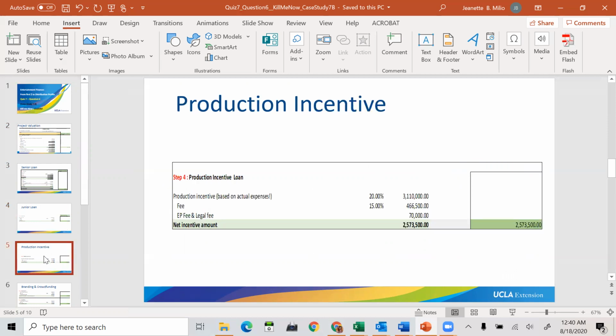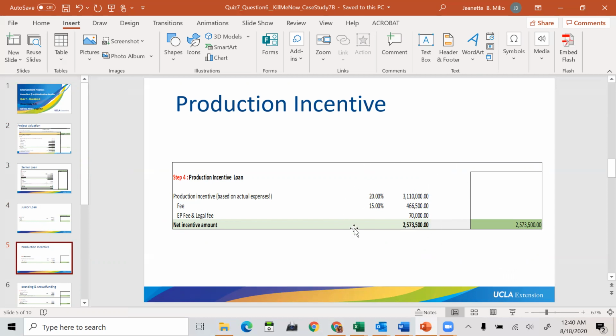The production incentive has changed, however, because we're now at 20% of the budget, $3,110,000, and we're charging a 15% fee and a legal fee. So the incentive amount is $2,573,500.